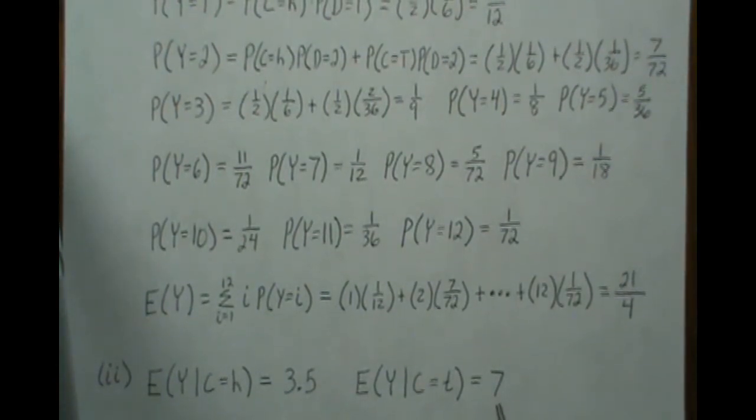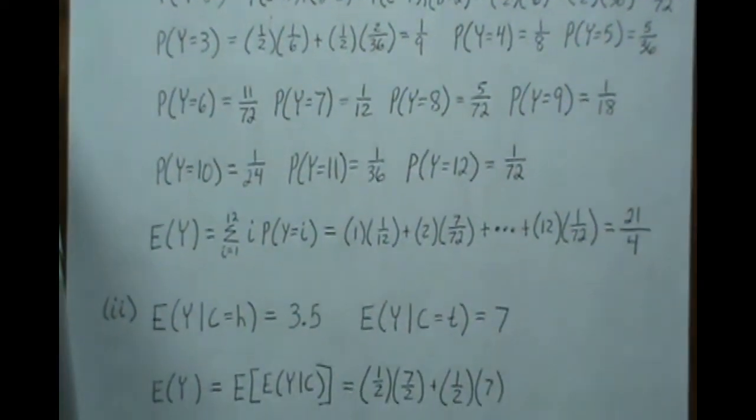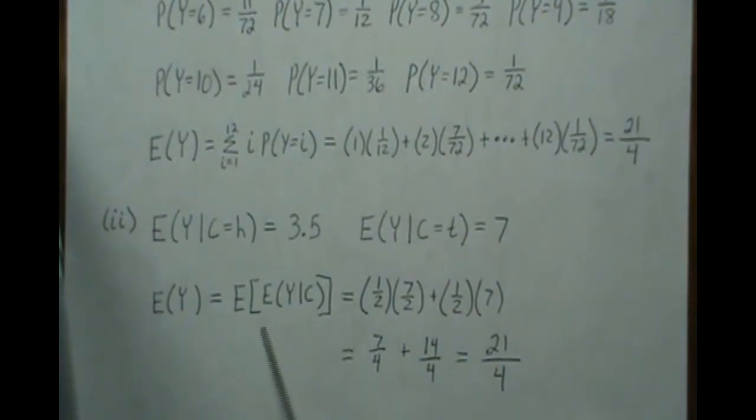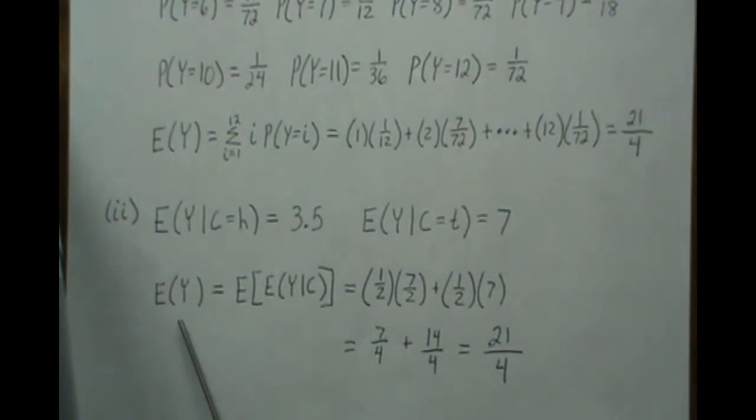Rolling 2 dice, that's 7. Then remember the conditional expectation: the expected value of y is equal to the expected value of y given what coin we flipped. So those two are equal.